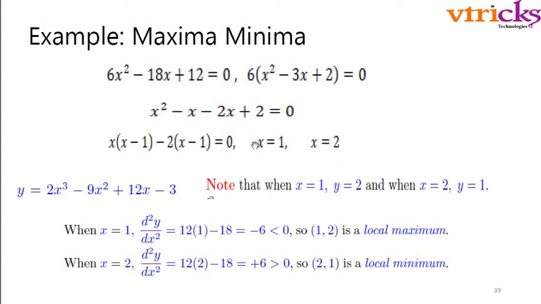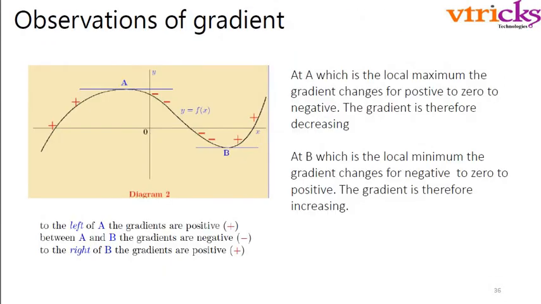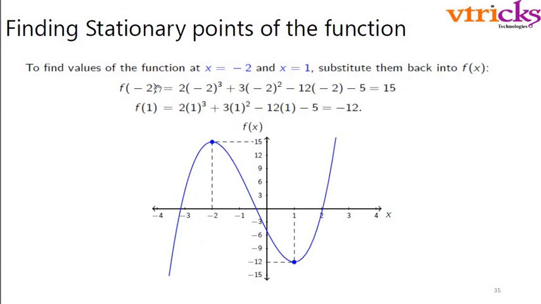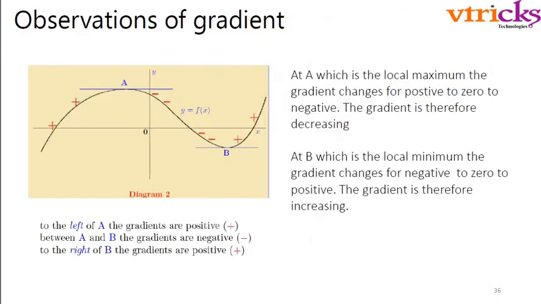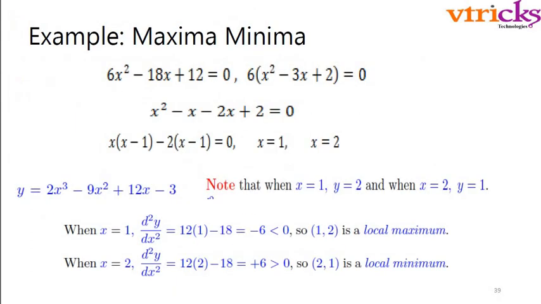So we have found for what values of x, f prime x is 0. To find the corresponding value of y, just as in the earlier slide, we had found what is y corresponding to that value of x. We can work it out from the expression for y. So we take x is equal to 1 and we put it here in y. So when we do that, we will get 2 minus 9 plus 12 minus 3.